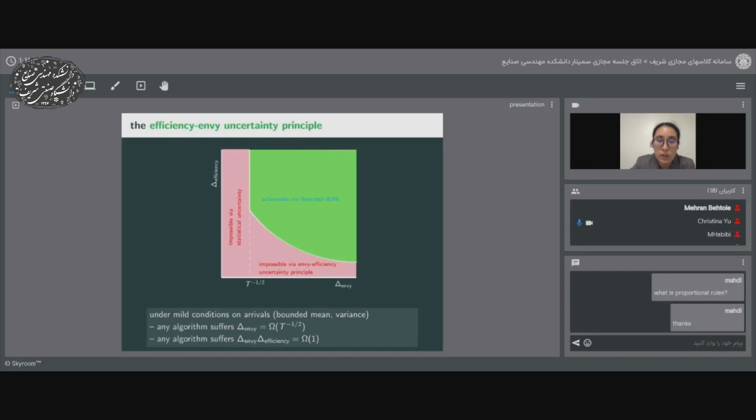You can see the curve that shows that the achievable delta efficiency drops as 1 over delta NV. And then on the upper right, we're able to show this green region where we can achieve any point. For any achievable point, we're also able to provide a very simple algorithm called guarded hope that actually achieves any point you want on this Pareto efficient curve.